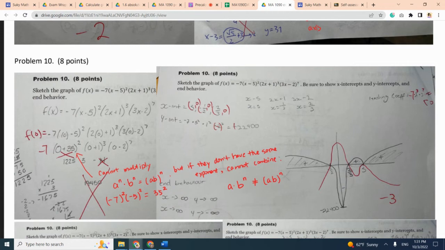So we can only combine them if they have the same exponent. So here, if we have -7 squared times -5 squared, that's 35 squared. But here, for -7, we don't have a square. So we cannot combine them. You have to make sure they have the same exponents, then we can combine. Okay, so be careful.